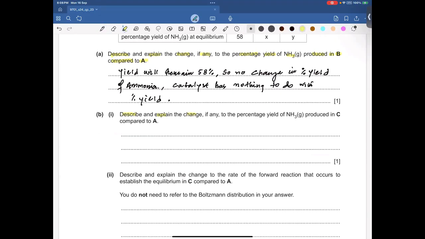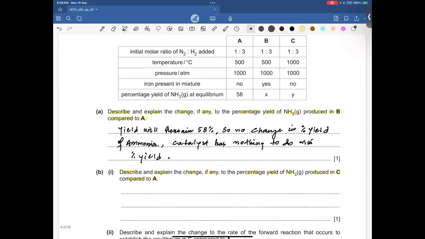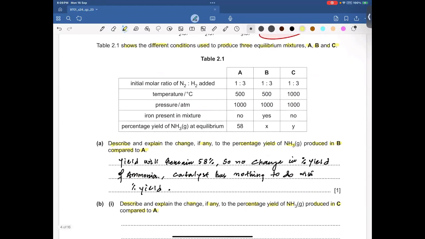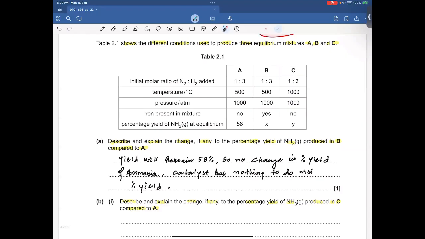Describe and explain the change, if any, to the percentage yield of ammonia produced in C compared to A. So pressure is increased, temperature is also increased.